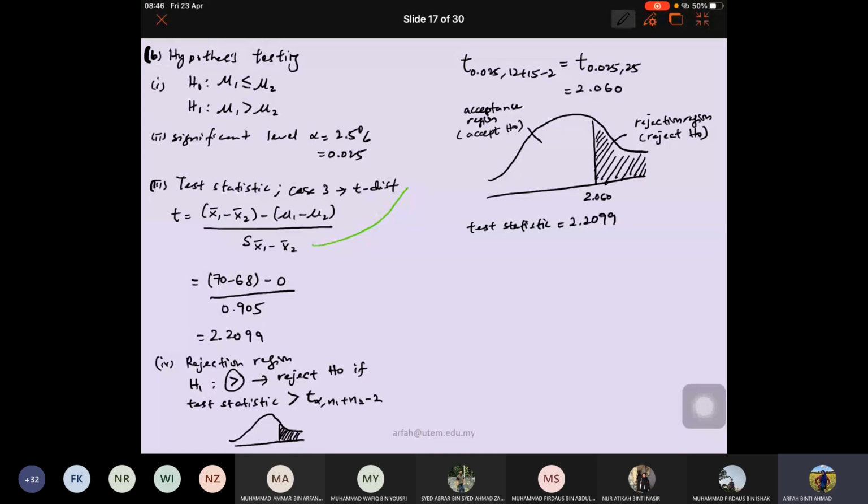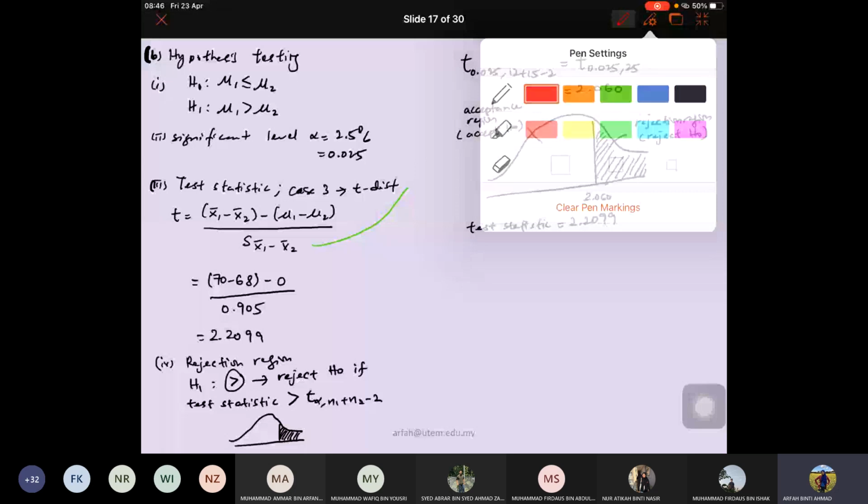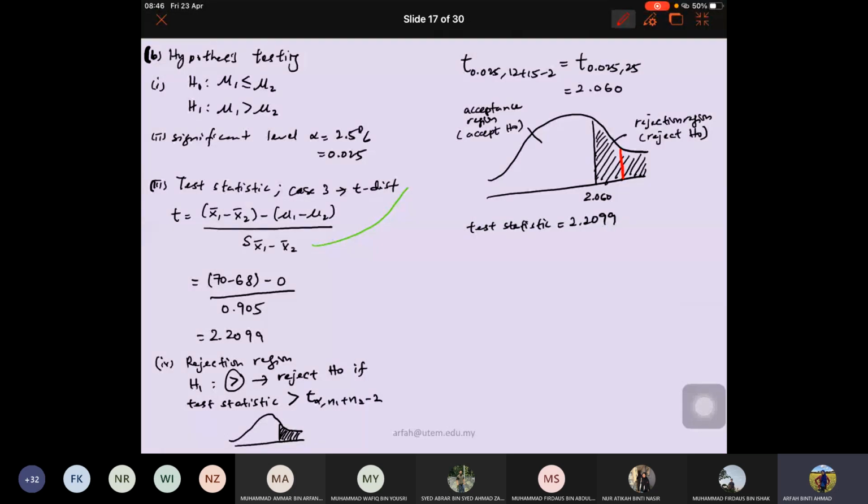So, it falls in the rejection region or acceptance region? Reject. Okay, it falls in the rejection region. Sebabnya dia lebih daripada 2.060. So, test statistic falls in the rejection region. Okay. So reject H null.